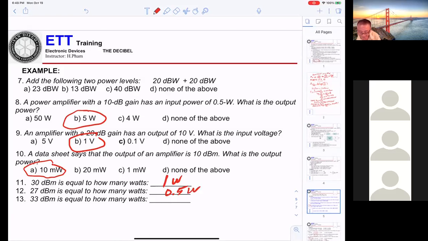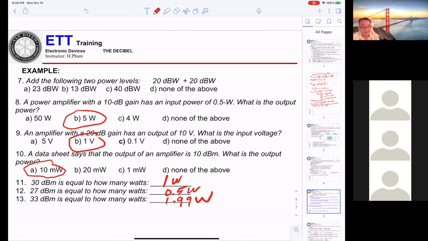And the last one, 1.995. Okay, for the rest, if you don't get it right now and you know how to do the calculation, then write down the answer.